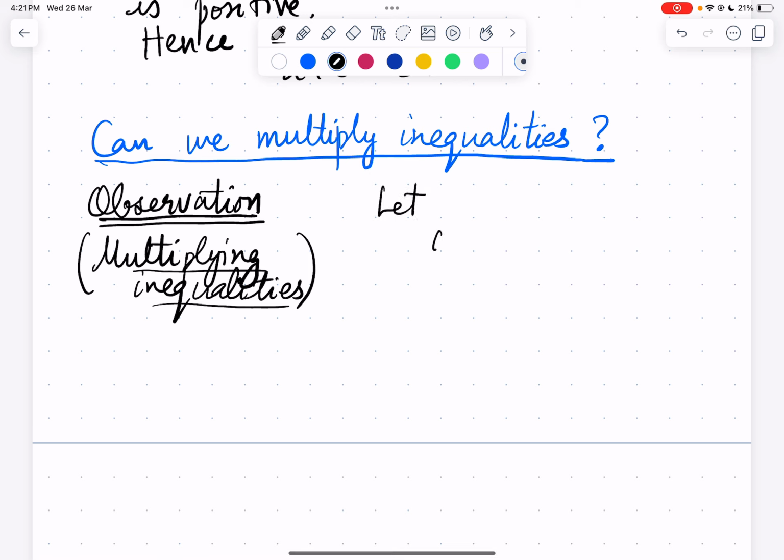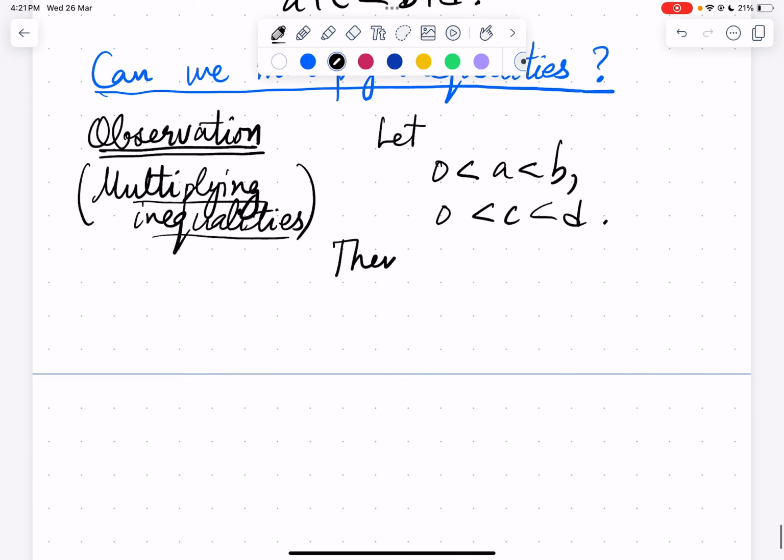Let 0 less than A less than B and 0 less than C less than D. So all the terms involved are positive. The 0 less than part is important. Then we can multiply. Then we can say that AC is less than BD.